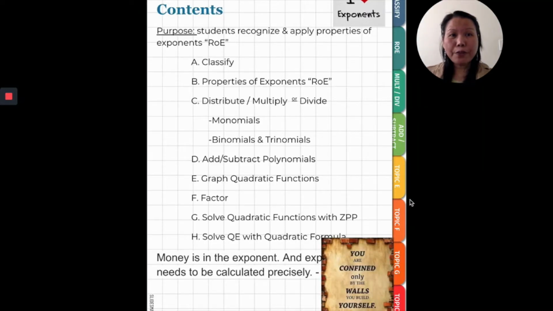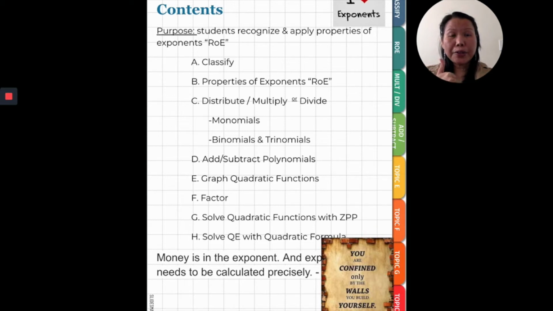Table of contents for you. We start out with classifying the properties of exponents, and my favorite way of saying it is rules of exponents, or abbreviated RoE. Now, we are going to build on the rules of exponents and do quite a lot of things, okay? First of all, we have classifying.